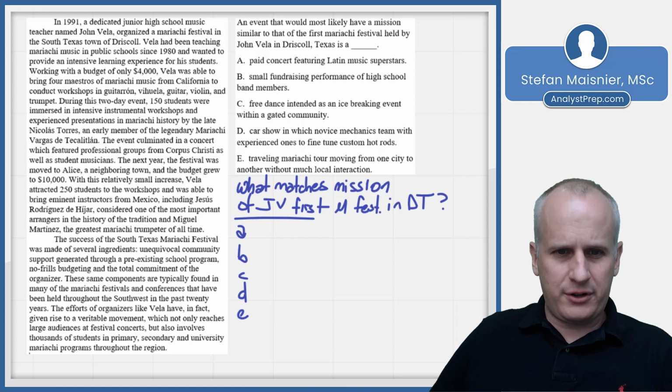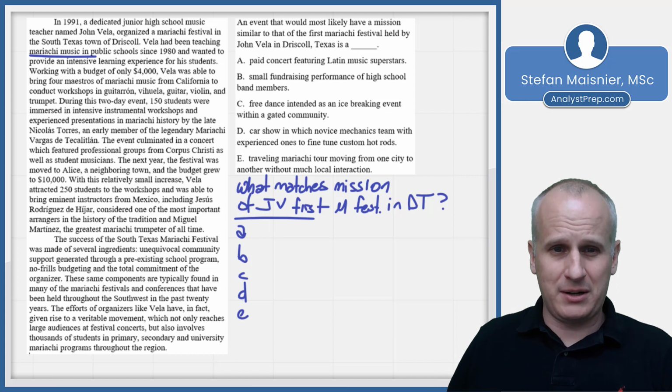So I start reading at the beginning until we can come up with a prediction because we see teaching mariachi up there. So in 1991, a dedicated junior high and high school music teacher named John Vella organized a mariachi festival in the South Texas town of Driscoll. Vella had been teaching mariachi music in public schools since 1980 and wanted to provide an intensive learning experience for his students.